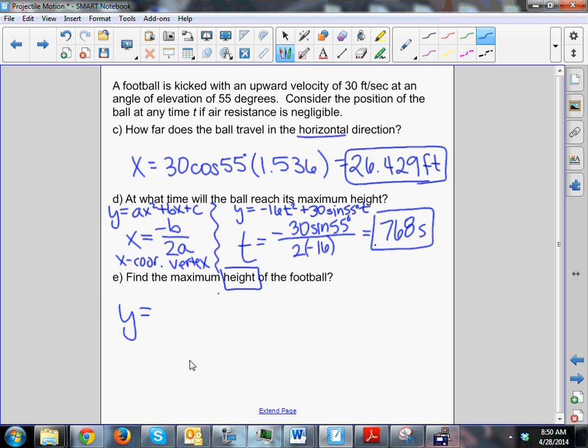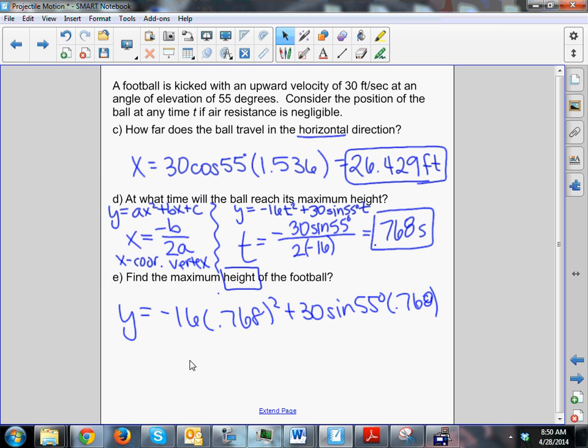Let's plug that time in to find our maximum height. The answer is going to be something along the lines of 9.436071. Just in case you're confused.